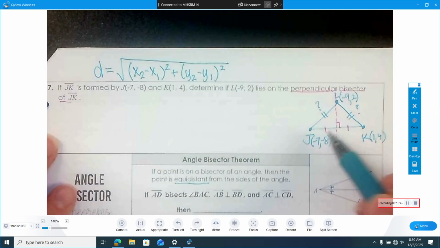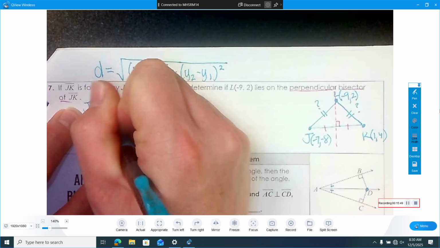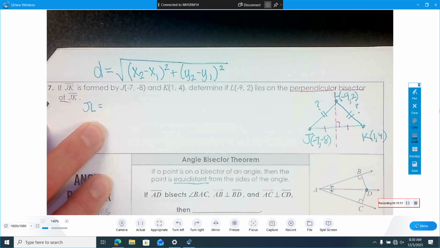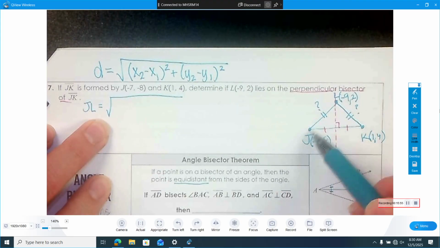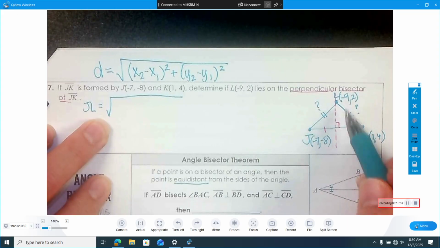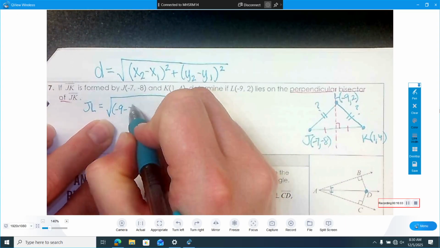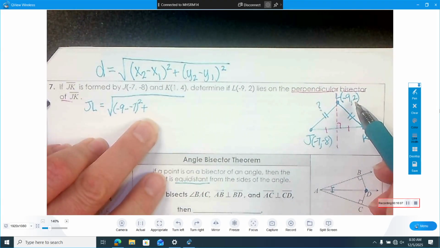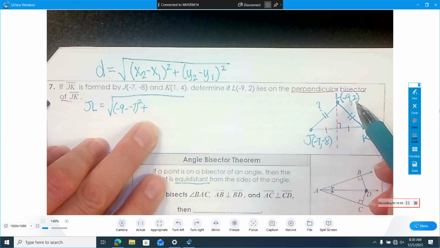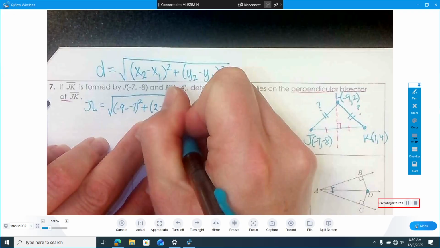So I need to figure out the length of JL using my distance formula. So between J and L, and again, I wrote my ordered pairs so I could do this easily. So x2 minus x1, so negative 9 minus the negative 7, quantity squared, plus 2 minus the negative 8, quantity squared.